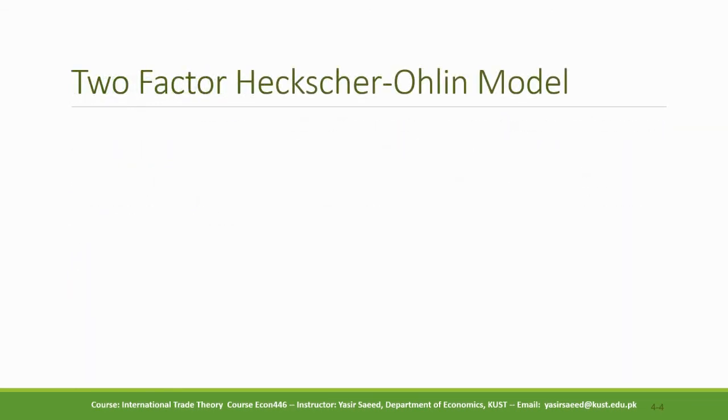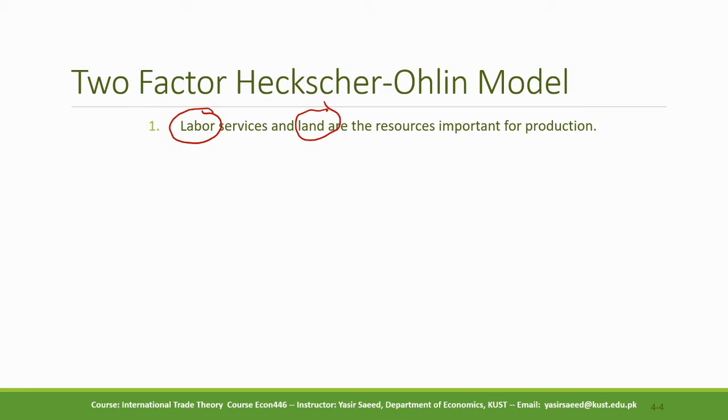So, when we want to discuss the Heckscher Ohlin model, there are a set of assumptions that need to be understood first. These assumptions are that we have two factors of production for the model. One we call labor, and the second factor of production is land. We are ignoring all other factors of production such as capital and entrepreneurship.